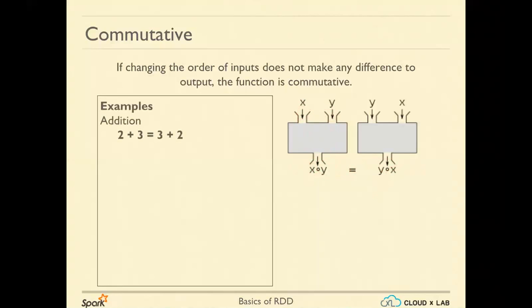So addition is commutative. Is multiplication commutative? That's right. Now, average. Are you sure? Is average commutative? Please think about it. Take a look at the diagram.